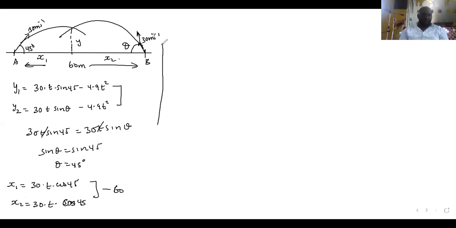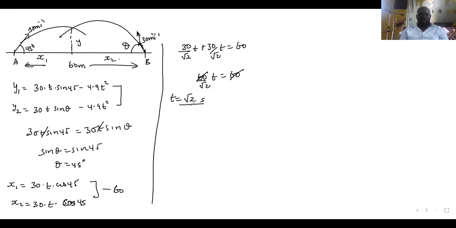So if these two sum up to 60, we shall get 30 over root 2 t plus 30 over root 2 t is equal to 60. When I add the 30 and 30, I get 60. So I'll get 60 over root 2 t is equal to 60. When I lose the 60, my time is root 2 seconds. The time is root 2 seconds.